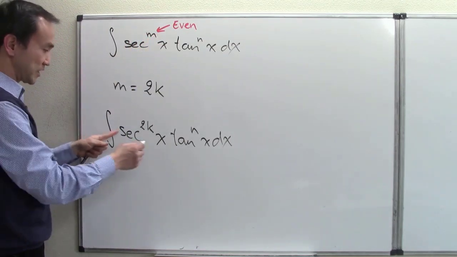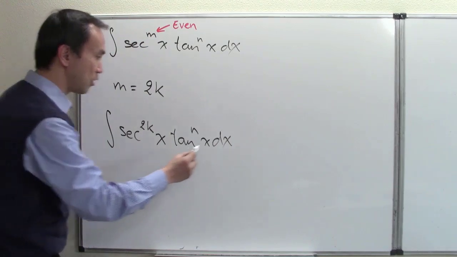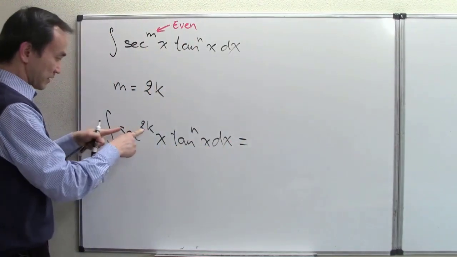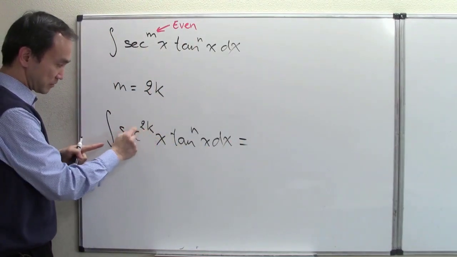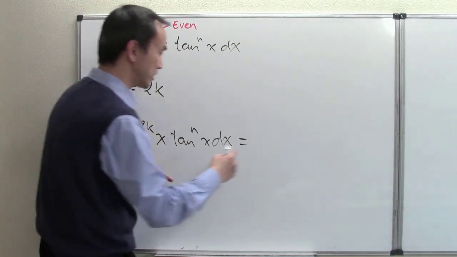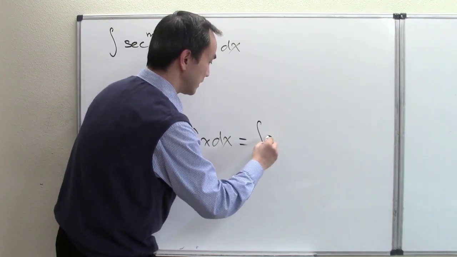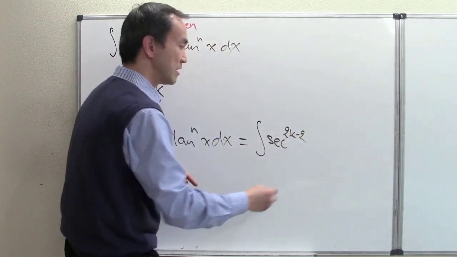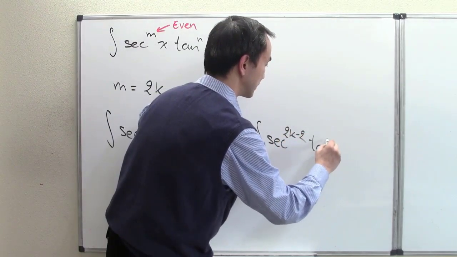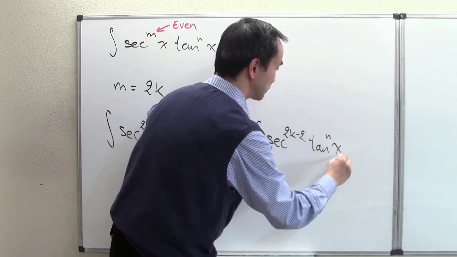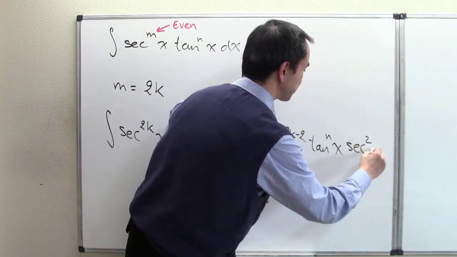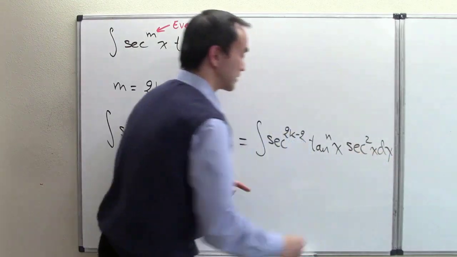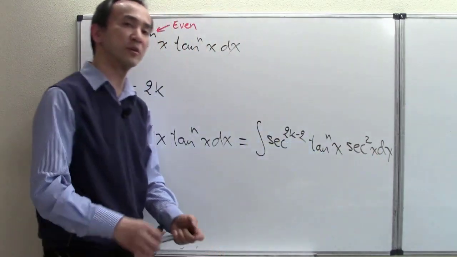In that way I can always separate out. The power 2k, I am going to separate out as secant to the power 2k minus 2 times tangent to the power n of x, but times secant squared of x, and integrate with respect to x.